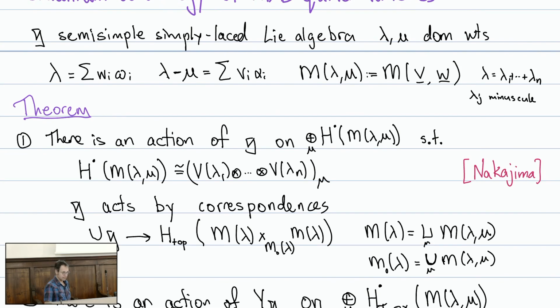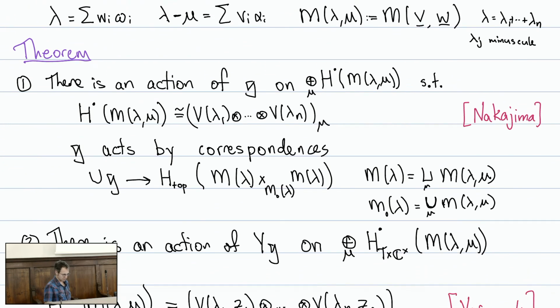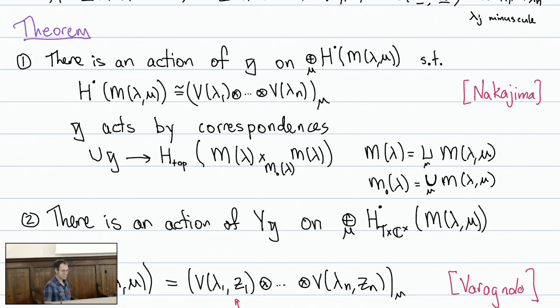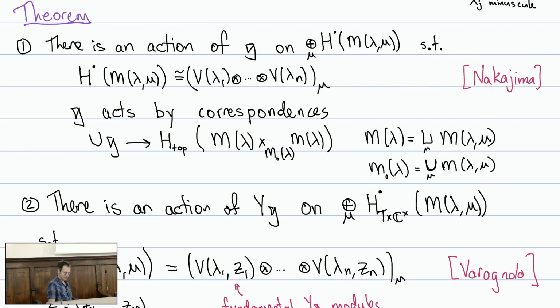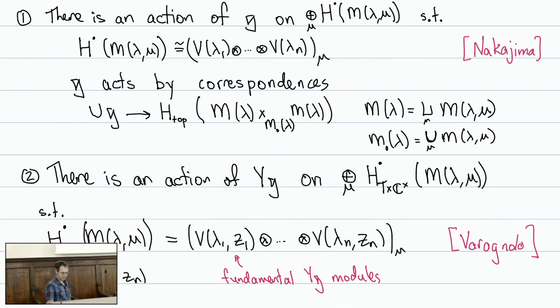This action was generalized by many people in different ways, but one way, very soon after, was by Varagnolo. There's a bigger algebra: this G, or its universal enveloping algebra, sits inside a bigger algebra called the Yangian of G. Again, I won't get into its definition.